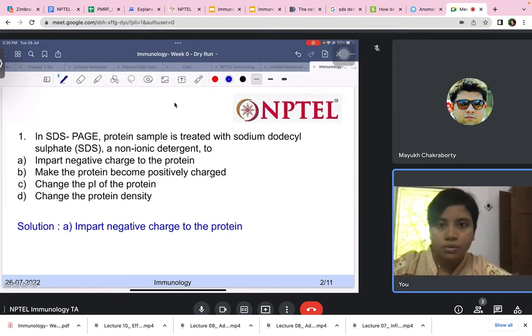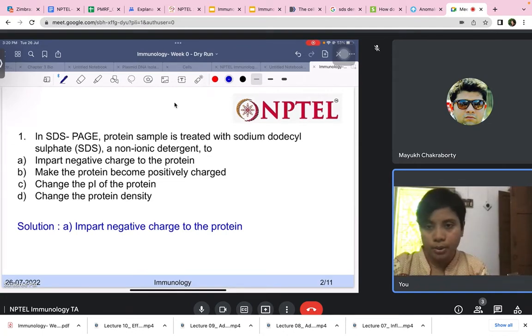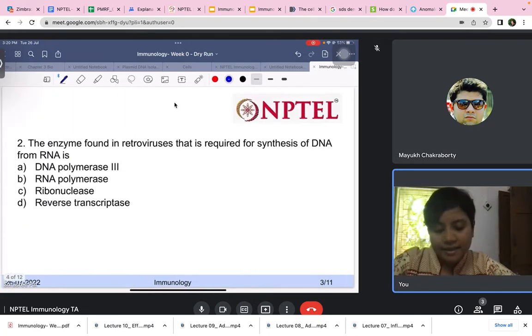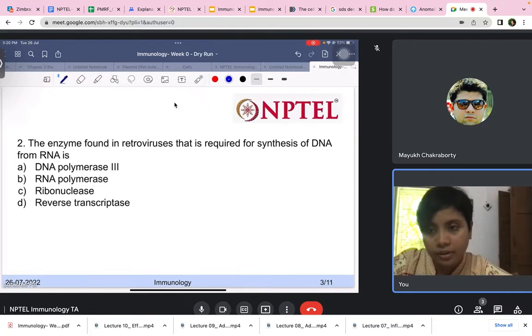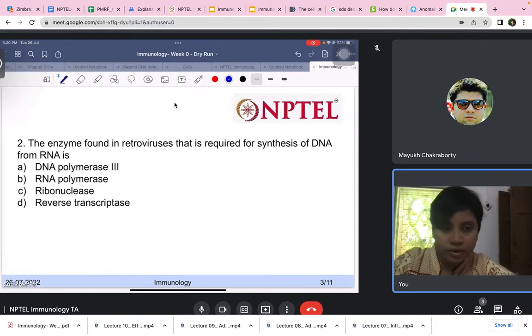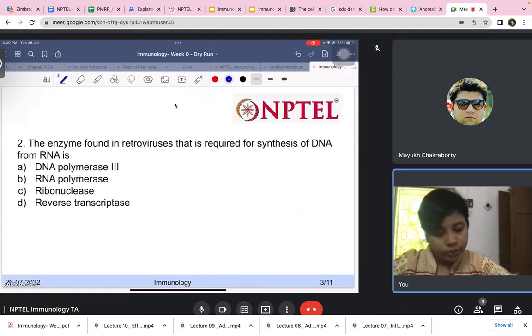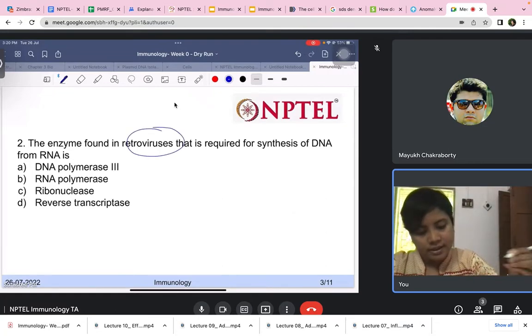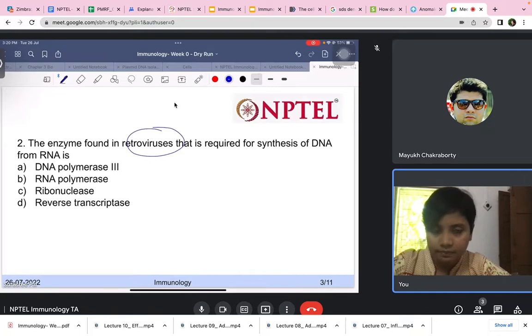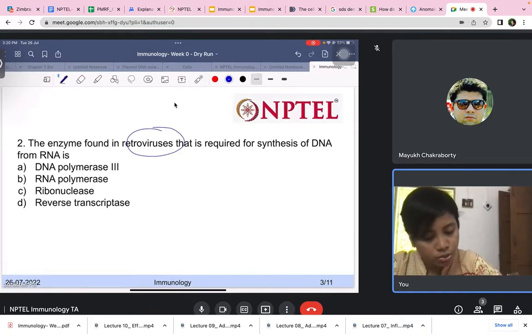Okay, now coming to the next question that we will discuss in today's session. The enzyme found in retroviruses, which is required for the synthesis of DNA from RNA, is: DNA polymerase 3, RNA polymerase, ribonuclease, or reverse transcriptase. Retroviruses are the type of viruses which do not have DNA as their genetic material.